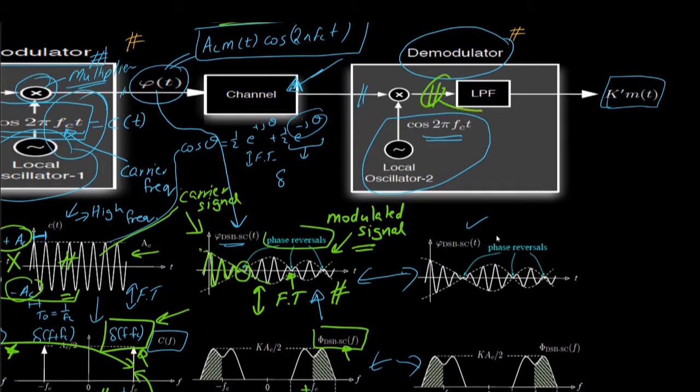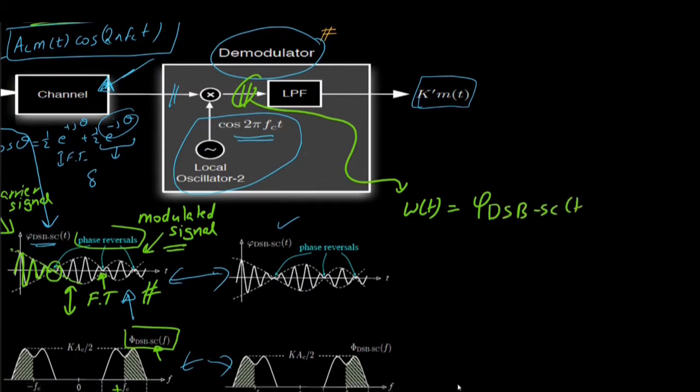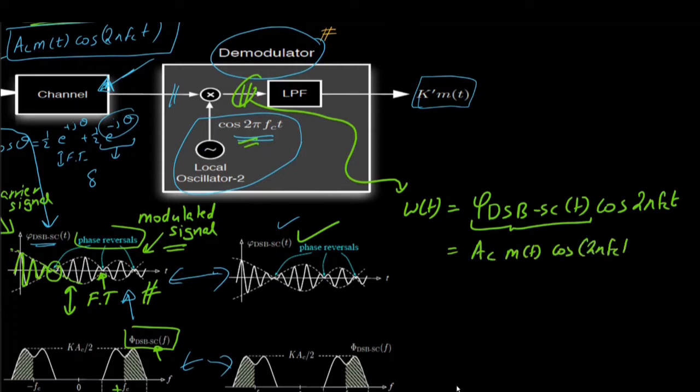At this point, let us call this signal w of t. So w of t would simply be phi DSBSC of t multiplied by the local oscillator, which is cos 2 pi fc t. Note that this signal is simply A_C m of t cos 2 pi fc t, and from here again we have cos 2 pi fc t.